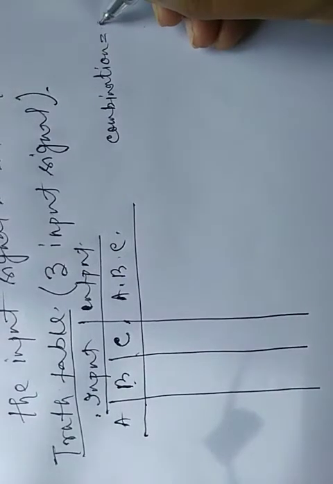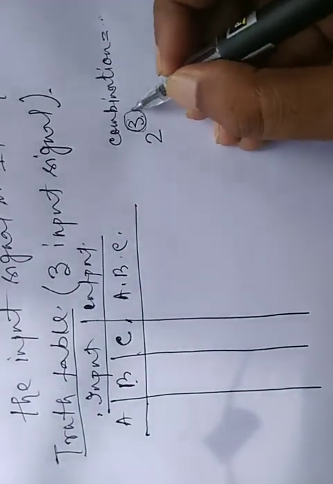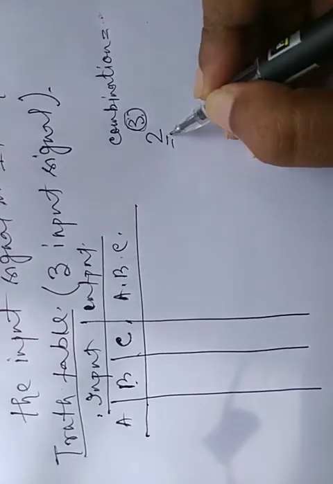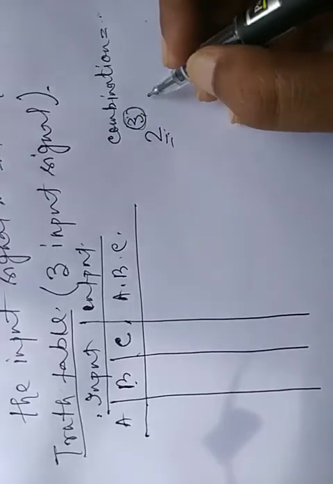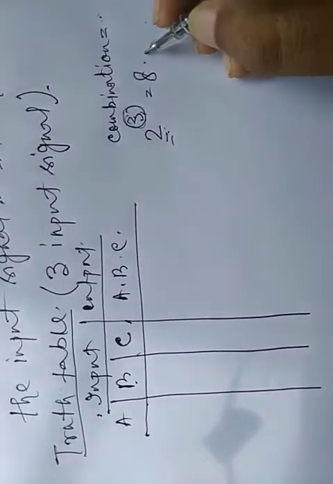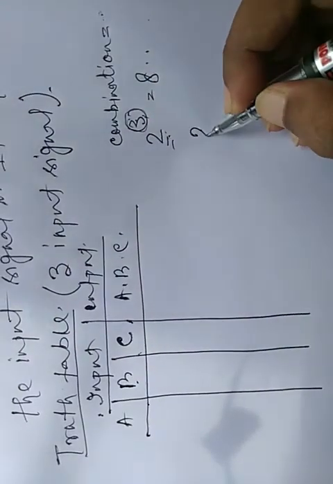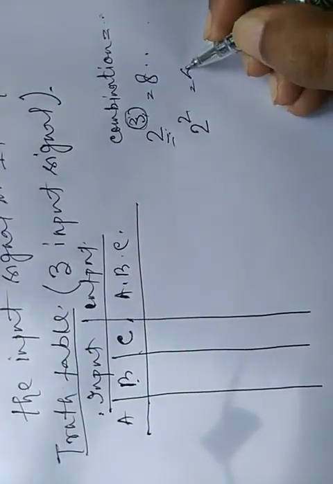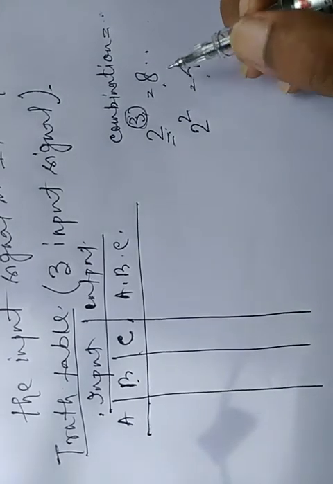If there are 3 input signals, the number of combinations is 2 to the power 3. 3 is the number of input lines. Why 2? As 2 is the base in the binary number system. So 2 to the power 3 is 8 combinations. In our previous example, there were 2 input signals, which means 2 to the power 2, so 4 combinations, and here we get 8 combinations.